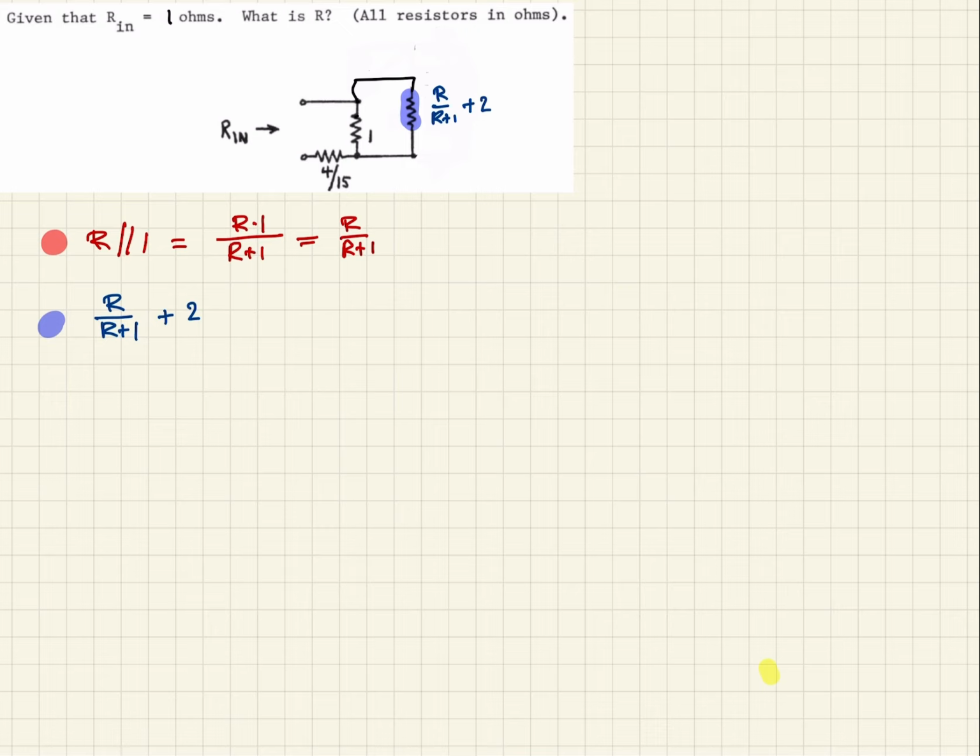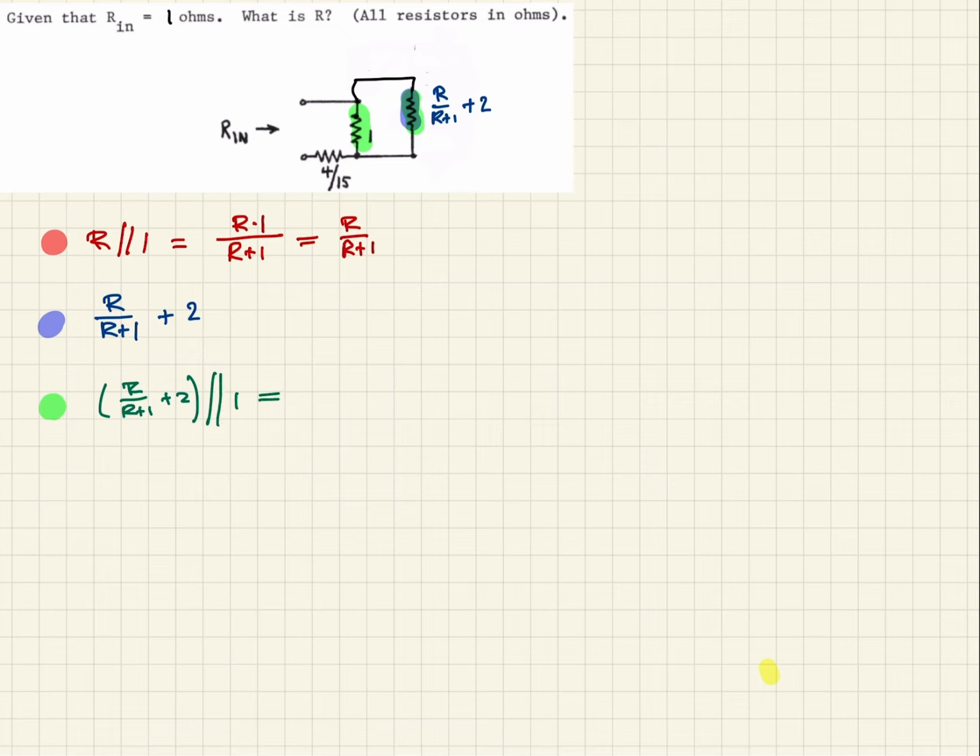Okay, so we're getting closer. So now we want to notice that we have this resistor and this resistor in parallel. So let's come down and see if we can reduce those two. So that means we have the one resistor, which is R over R plus 1 plus 2, in parallel with 1 ohm.